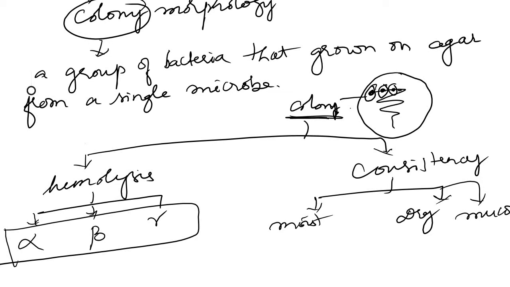Each one of them is a specific characteristic of a particular bacteria. So based on certain characteristics of the colony, you can get a hint which bacteria it might be and what are the specific biochemical tests you need to do for this particular bacteria.